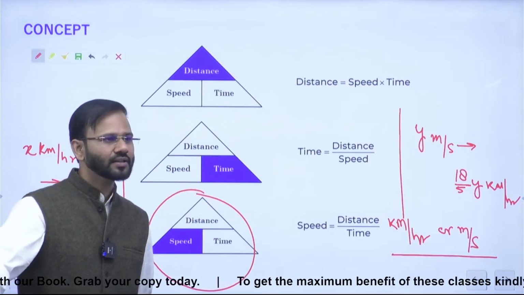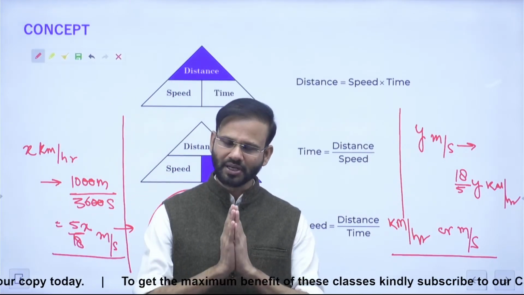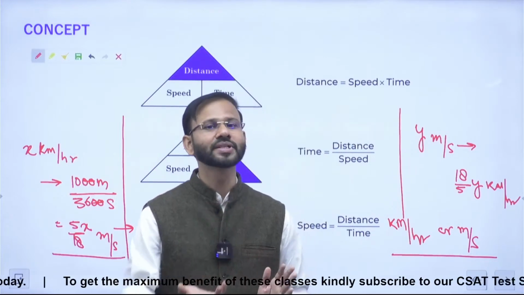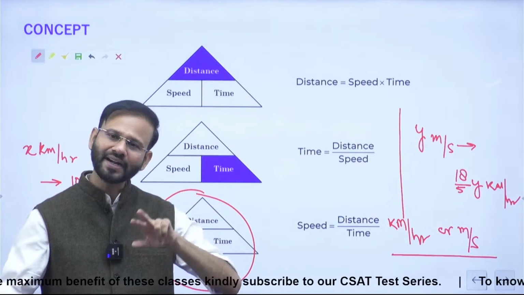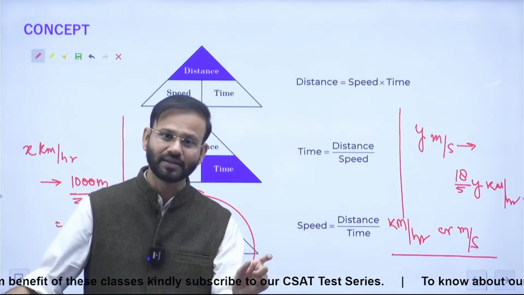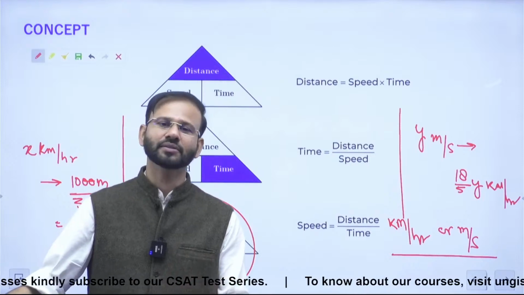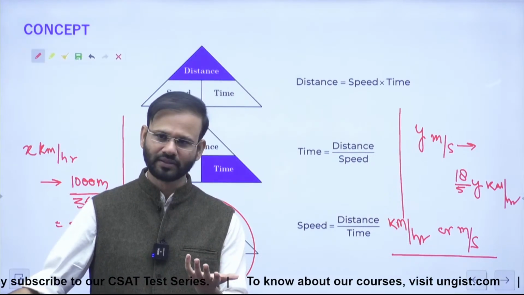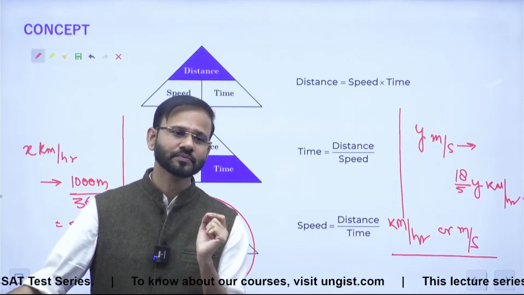So guys, here in the questions, you just have to think about what is being asked in the question, number one. Number two, how do we find that value? What is required for that? Suppose in the question they have asked the speed. Then to find the speed, what is required?